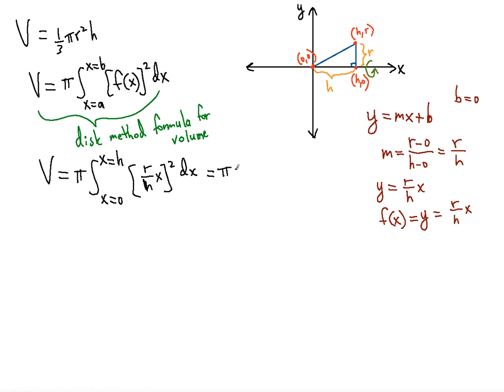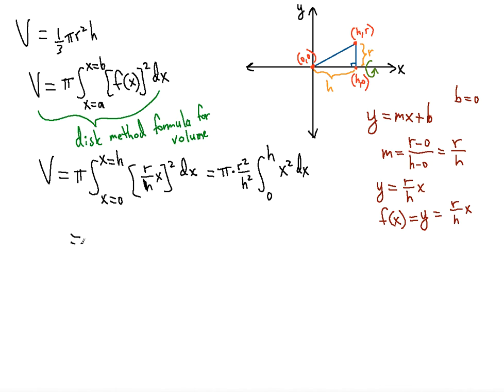So we're going to get pi times r squared over h squared, because this whole thing is squared, integral from 0 to h x squared dx. Right, we took it out because r and h are constants, right? They don't change. They determine the specific circular cone that you're going to have, right? So we took it out. Only the x is the variable.